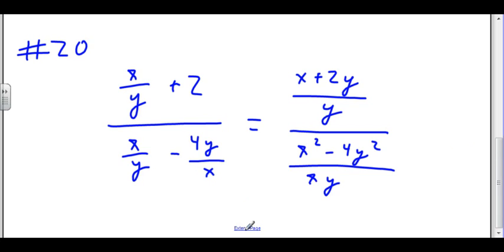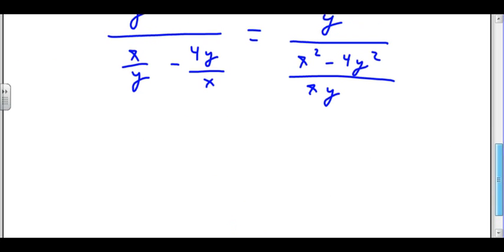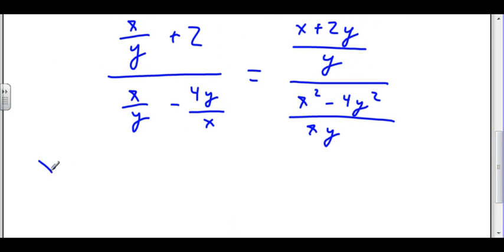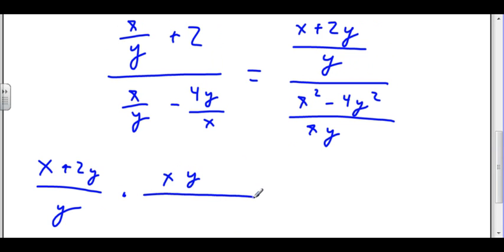Then I'm going to invert and multiply. So I have x plus 2y over y times, all right, so I'm going to have x times y. And on the bottom, I recognize this as the difference of two squares. So I recognize that as x plus 2y, x minus 2y, y. All right.